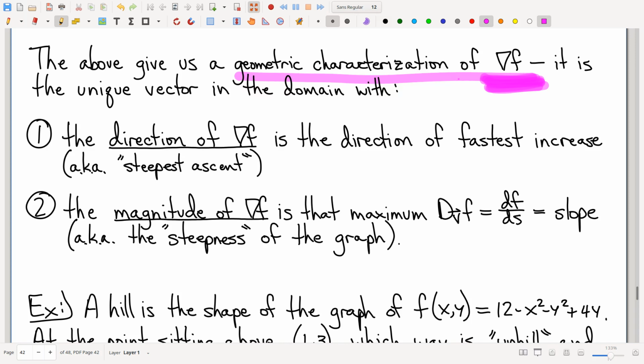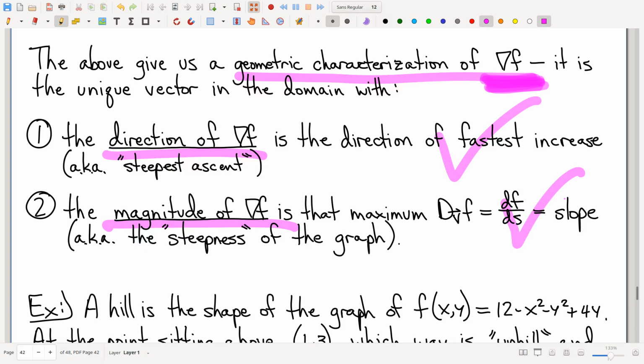Now we see that it is a geometrically natural thing. The gradient is the vector whose direction and whose magnitude are these natural things. The direction is the direction of fastest increase. The magnitude tells you how steep is the hill. What's the directional derivative in that direction?